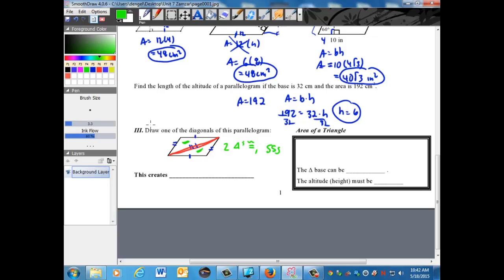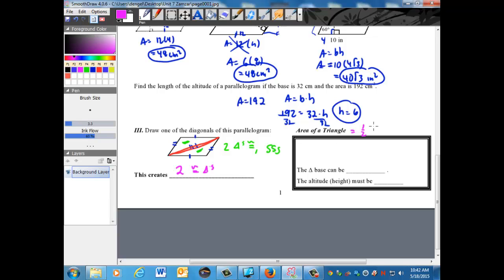Since those two triangles are congruent, the area of a triangle is half of a parallelogram.